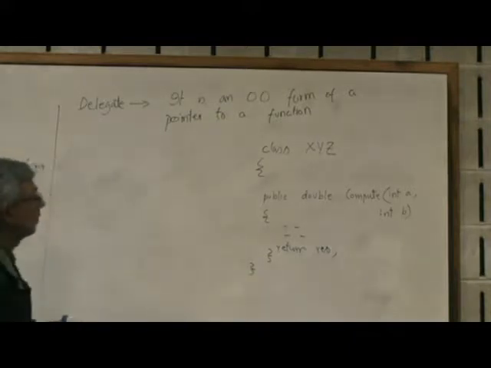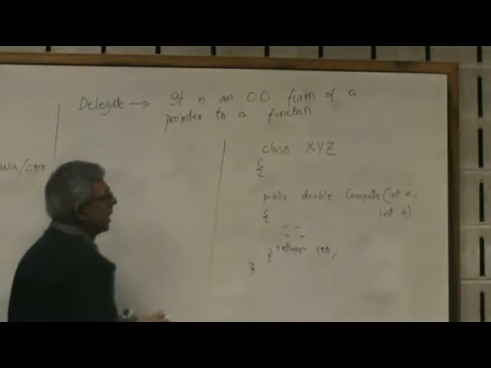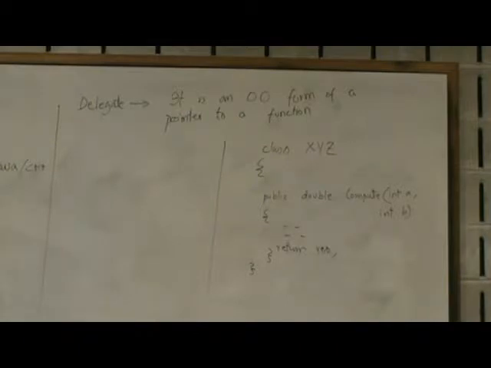Once you've written a class, if we wanted to point to this function, this is where the delegate comes into play. So first of all, delegate is a type, just like class is a type, right?